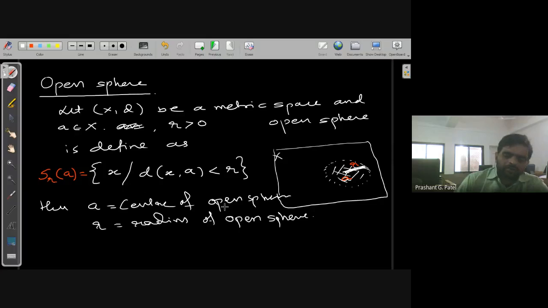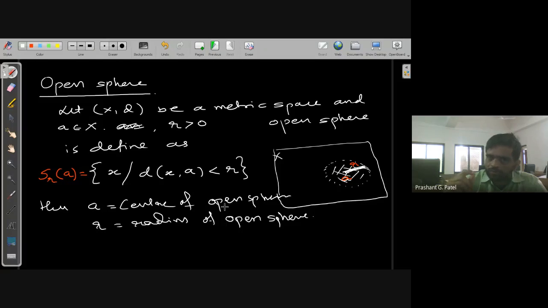Like an open disk you have in R2, it is like a disk in R2. The center is there and the radius is there.